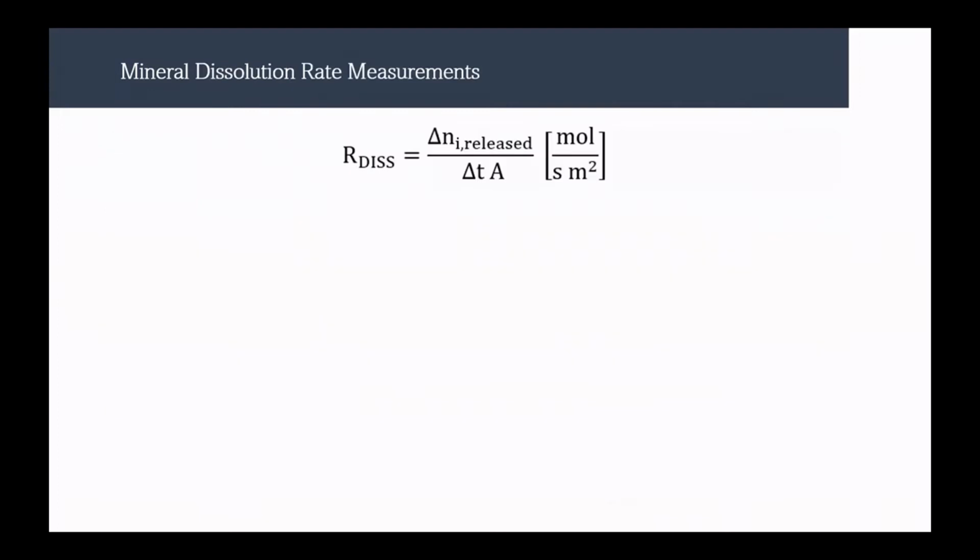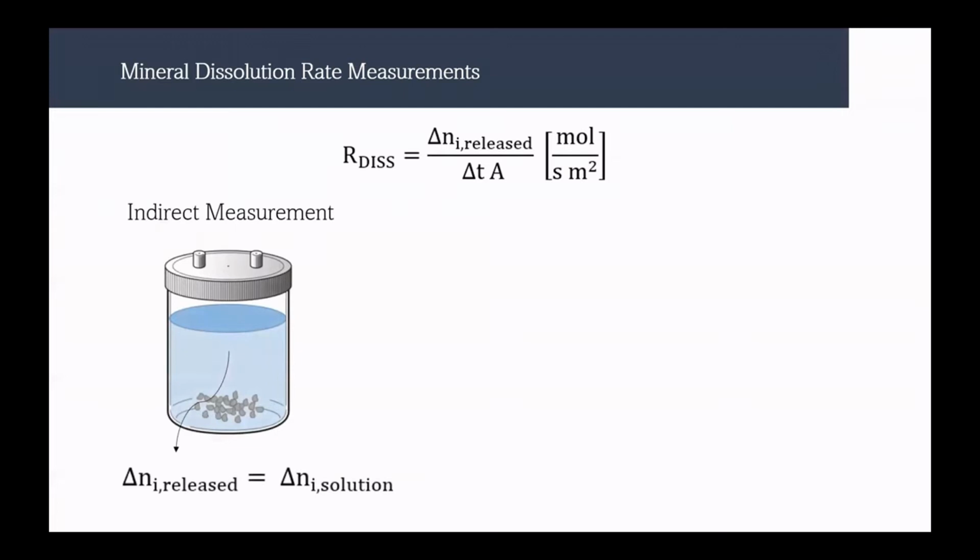Now, when we study mineral weathering, the first thing that we want to know is the dissolution rate. The dissolution rate, in general, is defined as the amount of a given component that is released from a given mineral surface in a given time, and it is usually normalized by the surface area to have measurements that are comparable among different experiments.